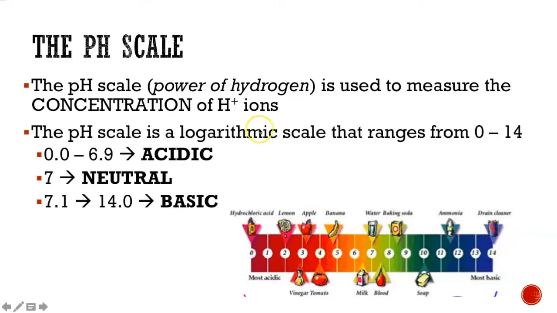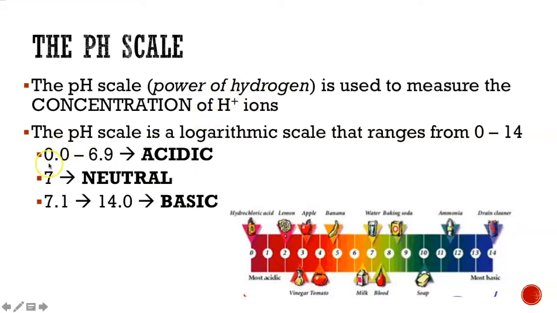It's a logarithmic scale that ranges from 0 to 14, and it tells us how acidic or how basic a solution is based on the concentration of H+ ions.